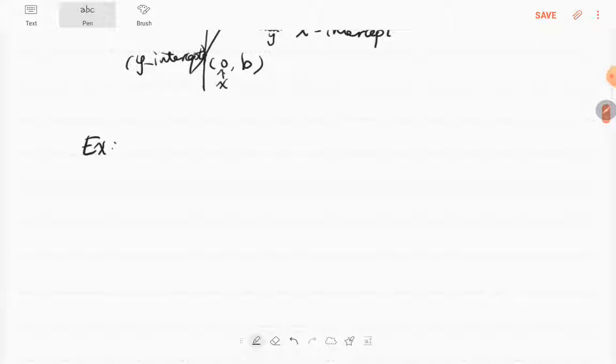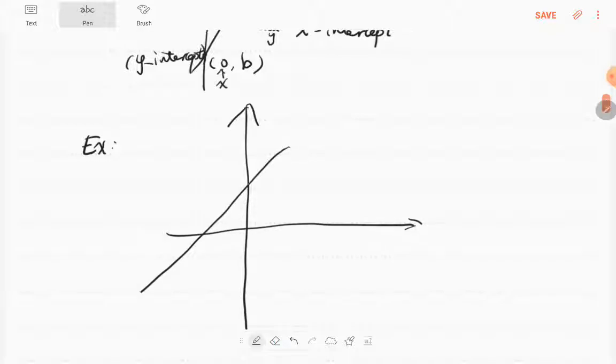For example, this is the graph, and we have a line like that. We know the values here are 1, 2, and here are -1, -2, -3, let's say. How can we find the x-intercept and the y-intercept?